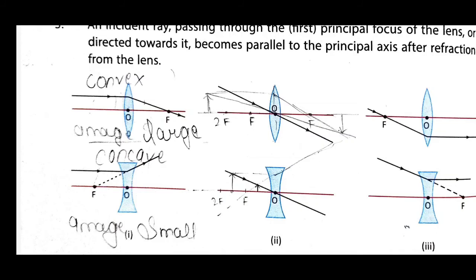So see this second figure: a ray is coming from the object, it passes through the optical center and it goes in a straight path. Similarly, in the concave lens also, the ray incident at the optical center goes in a straight path without any deviation.